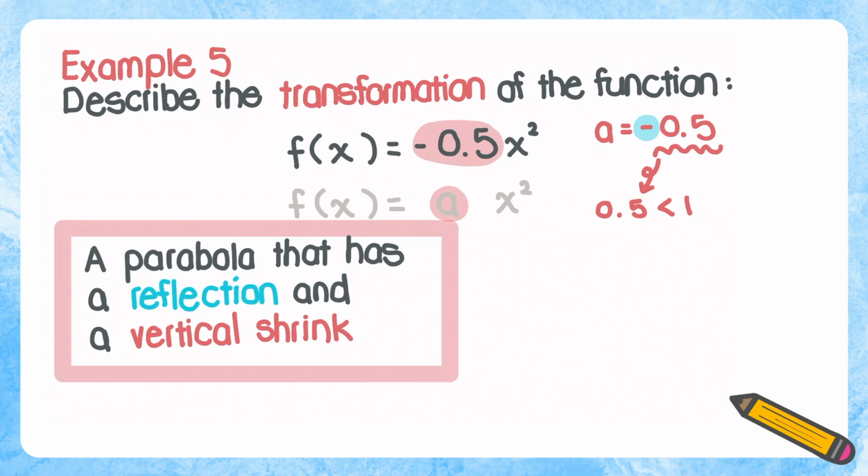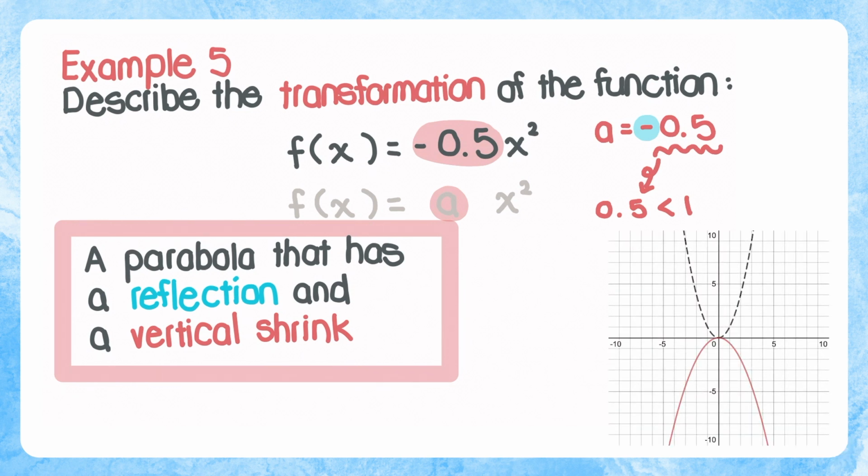So we have a parabola that has a reflection and a vertical shrink. Looking at the actual graph, I noticed that from the parent function, we would reflect it and then have a vertical shrink, so make it a little bit wider.